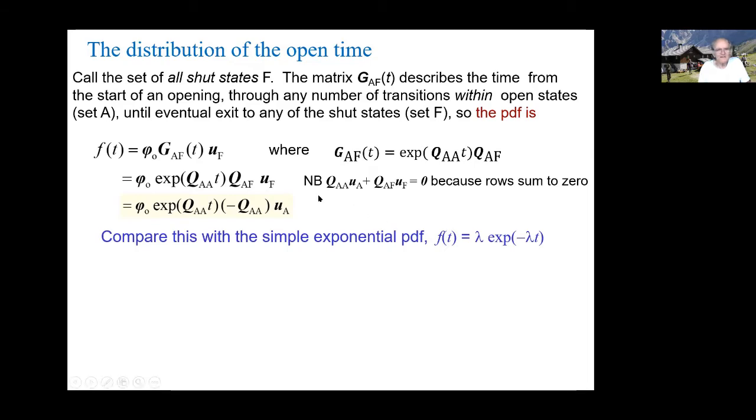The only things that differ in this are the initial vector, which we'll come to, and the fact that you've got to add it up over the various states at the end to make it into a scalar quantity.